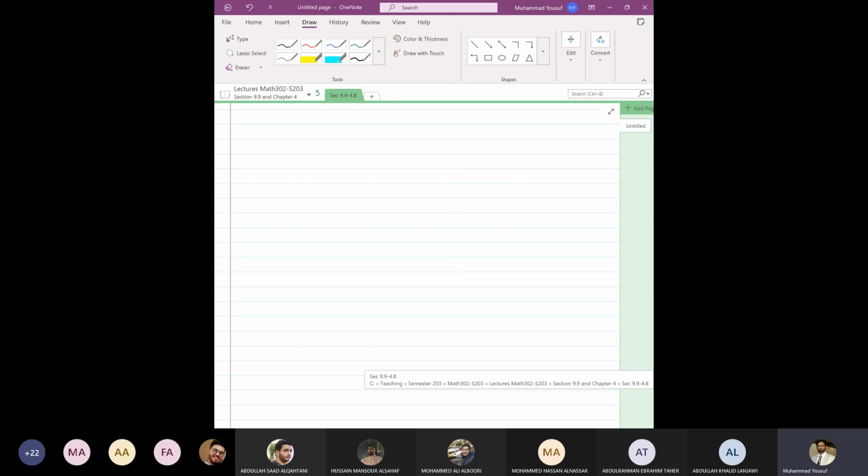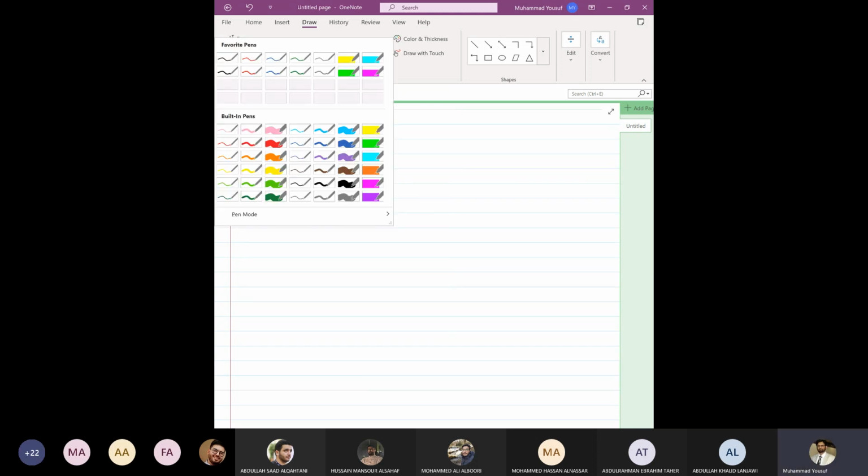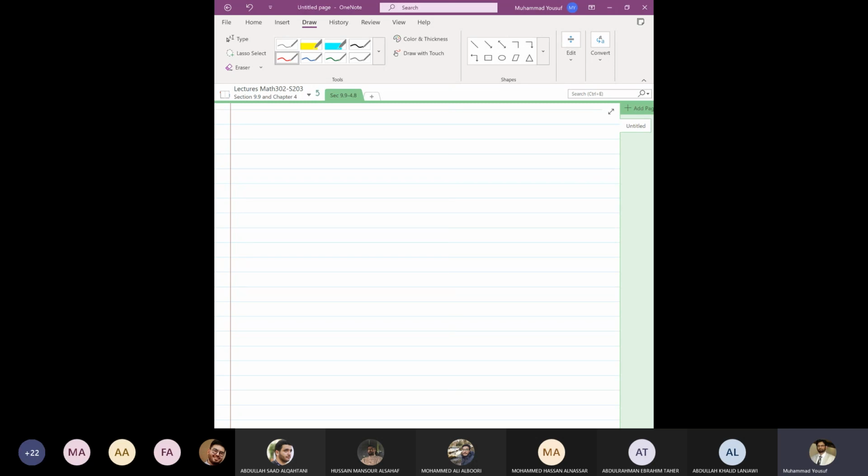The title of this section is Independence of Path.